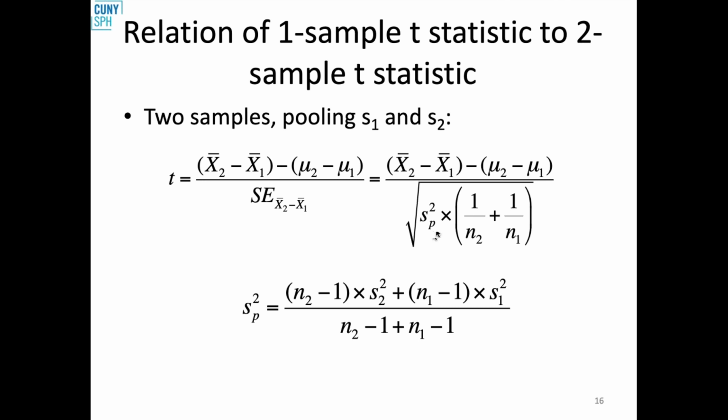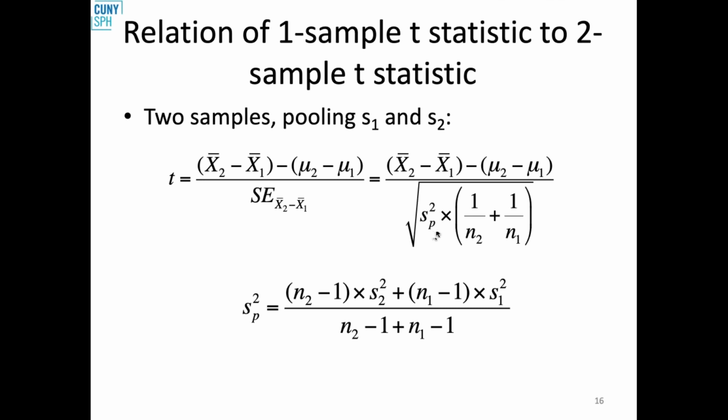Sometimes we're going to be using that, sometimes not. The reasoning behind using that is that you're assuming that the two populations have the same standard deviation. So if you look back at the top there, the standard error now is going to be the pooled standard deviation squared times 1 over n1 plus 1 over n2, and you find the square root of that, and you just find your t-value.